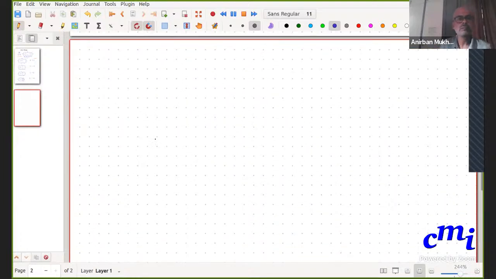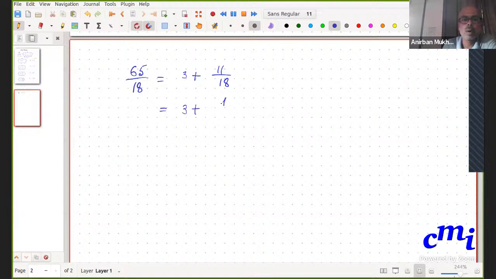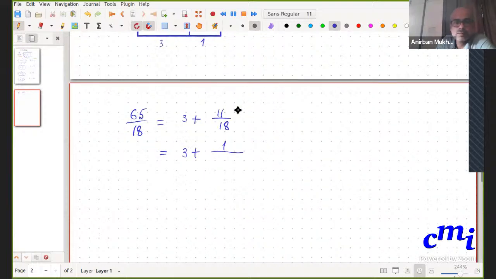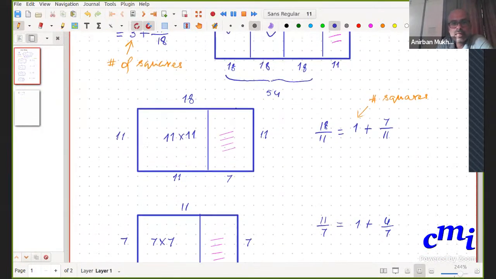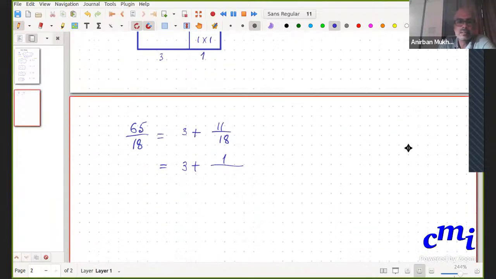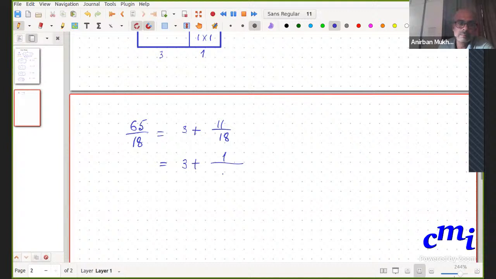Let me write it down. 65 by 18 is the number we started with. We wrote it as 3 plus 11 by 18. Then 3 plus 1 by, because we wrote 18 by 11 as 1 plus 7 by 11.